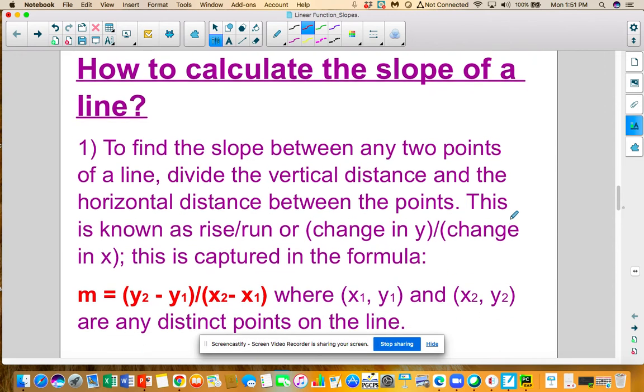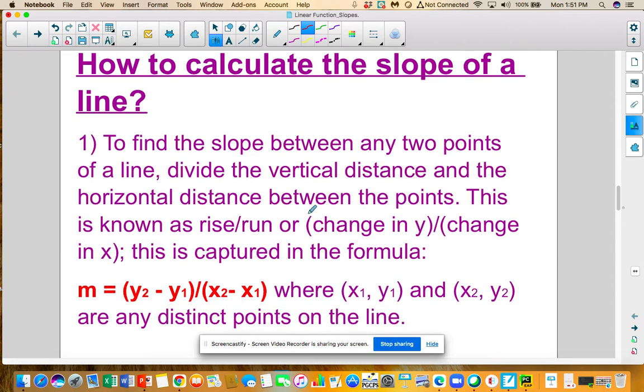Now, I think I already covered how to find the slope of the line, so this is like a recap. To find the slope of the line between any 2 points on the line, just take the vertical distance, the change between the 2 points, and divide by the horizontal distance.